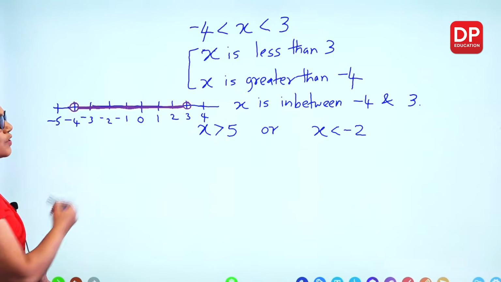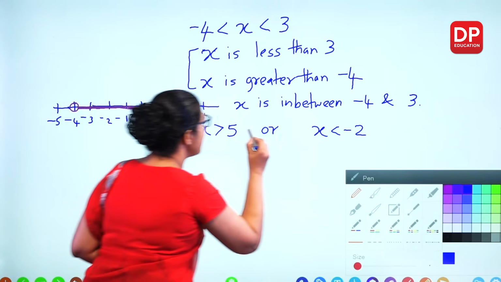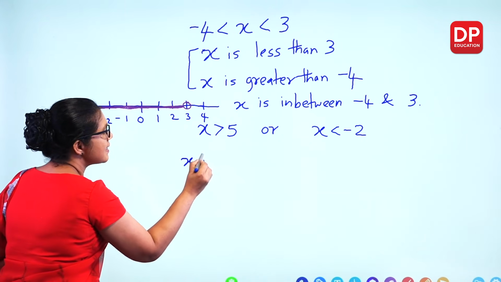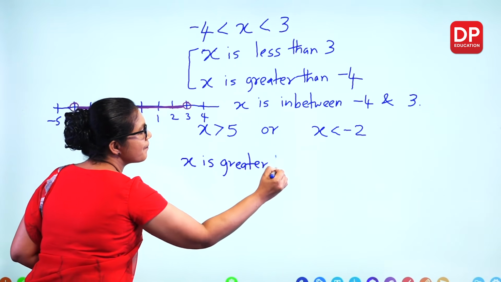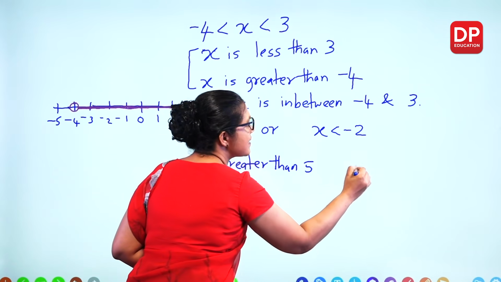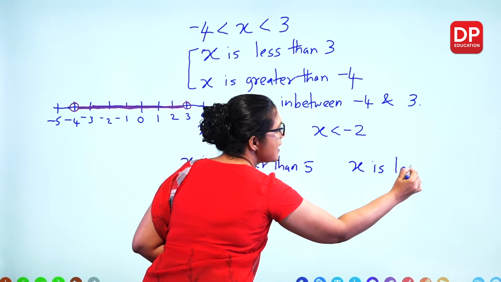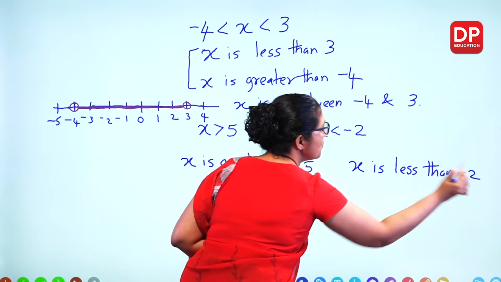Now, we'll take this one. First, I'll write down what this is: x is greater than 5. What about this one? X is less than minus 2.